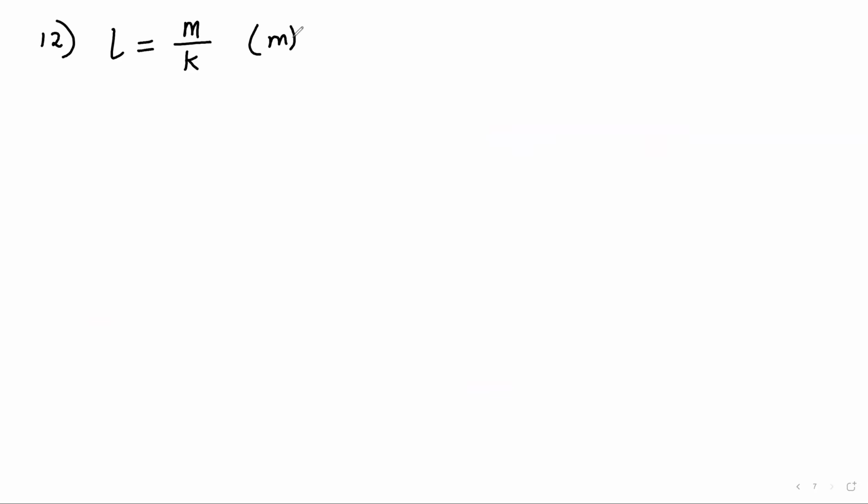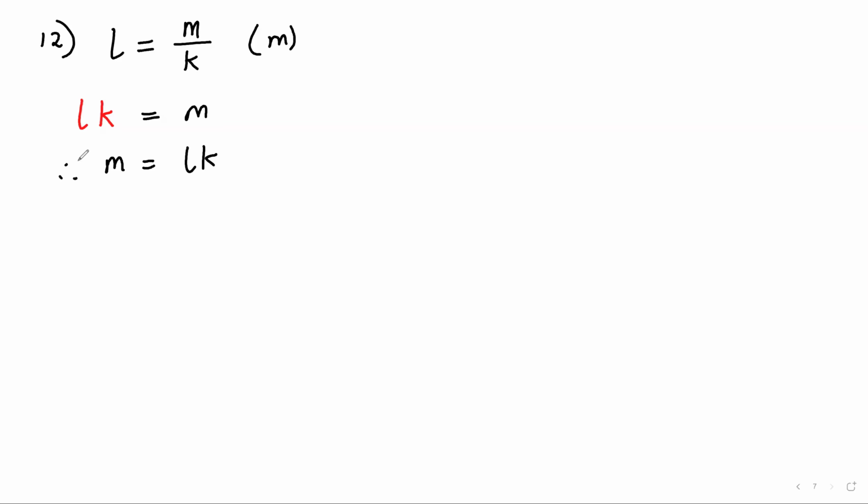Well, M over K literally means M divided by K. And I want to get M alone on that side. So I'll have to do the opposite of dividing by K, which is multiplying by K. So this would end up becoming L times K, which is LK or KL. So LK would be equal to M. And that would be your answer. M is equal to LK.